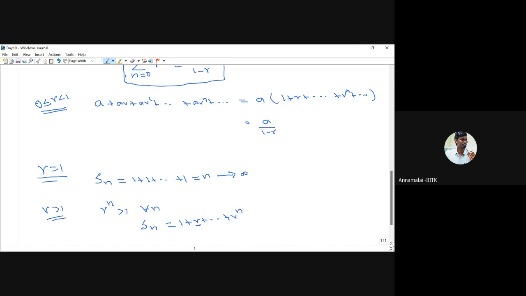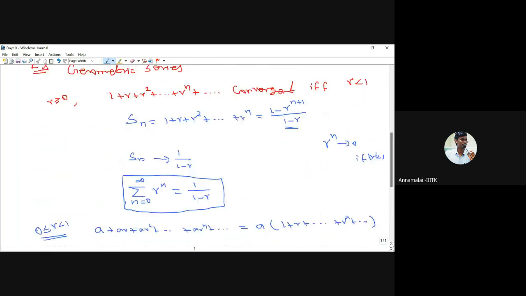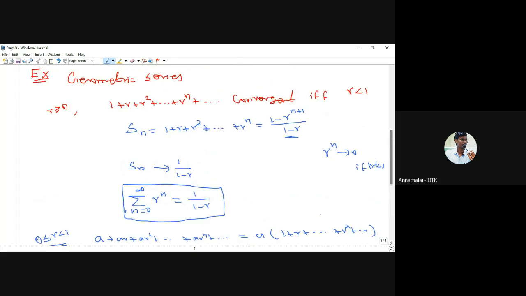Already we have 1, this r is bigger than 1, therefore plus 1, plus etc. plus r power n also bigger than 1, so this is bigger than n. Therefore Sn is not bounded above. If it converges, it should be bounded above, but we get Sn bigger than n. Therefore for r greater than 1, the geometric series diverges. For r less than 1, we already proved that Sn converges to 1 by 1 minus r.